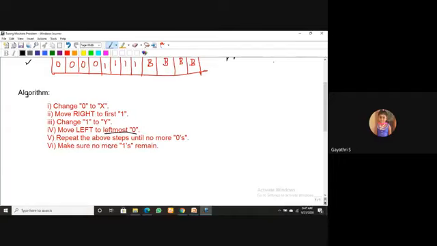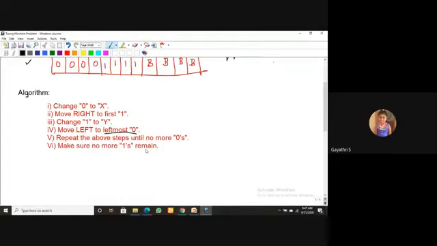If any 0 is remaining, that is not part of 0 power n, 1 power n. Make sure no more ones remain. Yes, because here n is equal. If 0 is repeated 4 times, then 1 is also repeated 4 times. So make sure no more ones remain. These are the instructions for this problem.